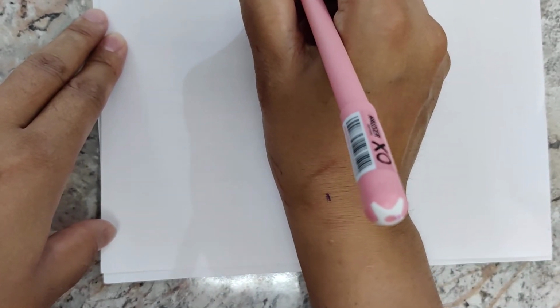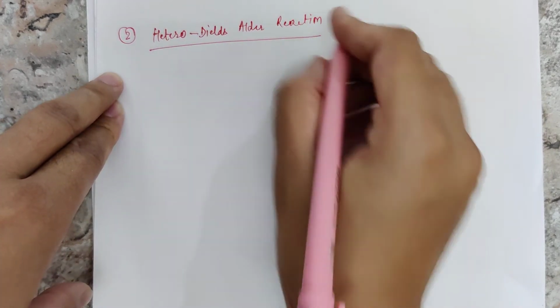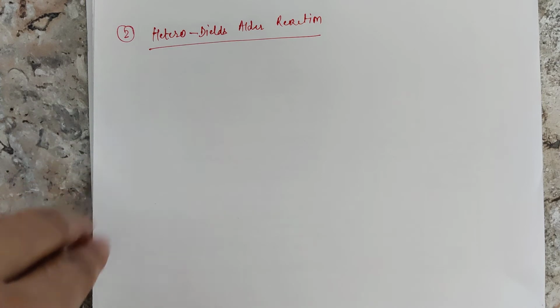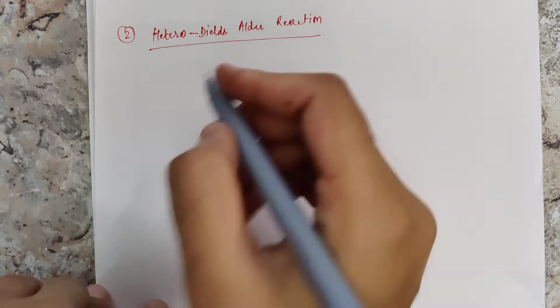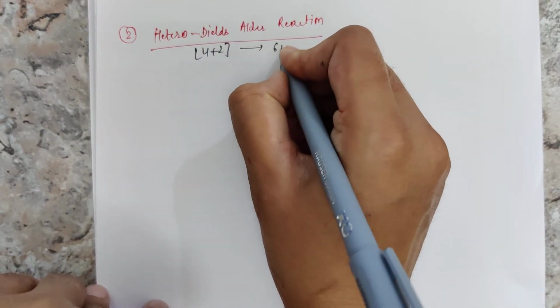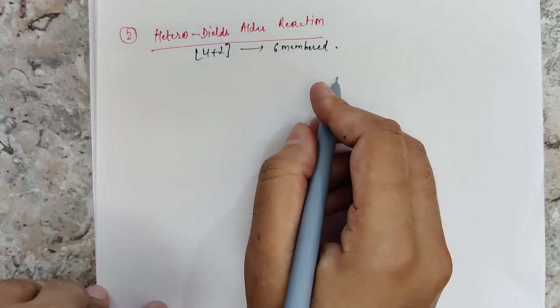So the reaction is very much similar to the Diels-Alder reaction, but what difference is here? In Diels-Alder reaction, till this time we have studied that we get a cyclic ring. Generally 4 plus 2 addition is there, and we get a 6-membered ring, and that ring has only carbon atoms.